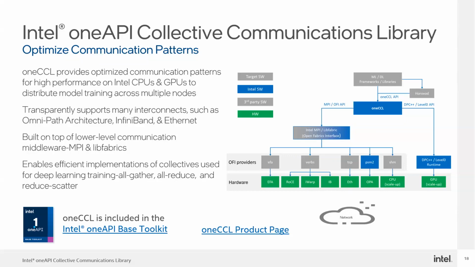But the interesting thing is that the library itself takes advantage of MPI and or the OFI API for performing this parallelization. So meaning that you get all the benefit of OFI and MPI for your scalability. So that really gives you a very high level of scalability for your machine learning and deep learning codes.